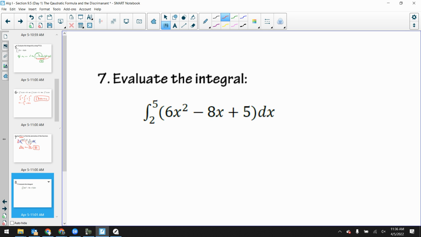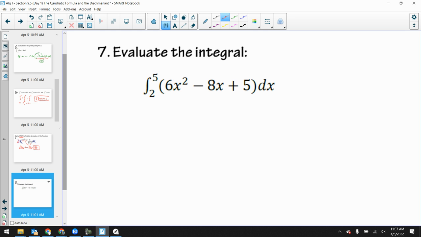All right, let's keep it going. Here's number 7. Evaluate the integral. You can evaluate it however you want, but I think the easiest thing to use is FTC2, the F of b minus F of a thing, because this is pretty easy to find the antiderivative.